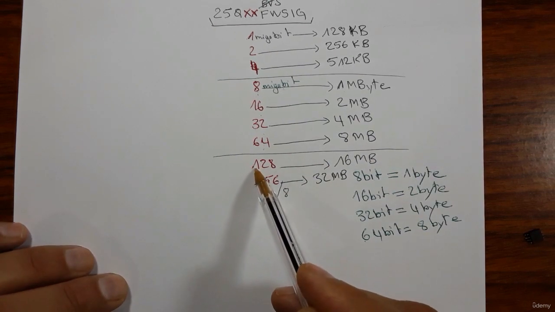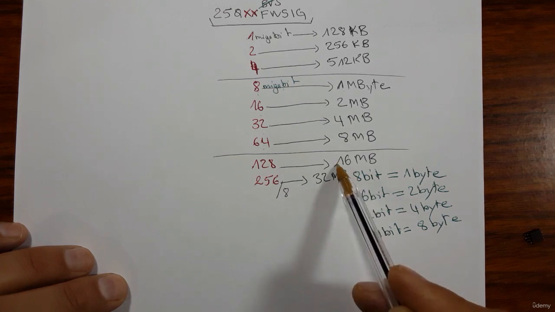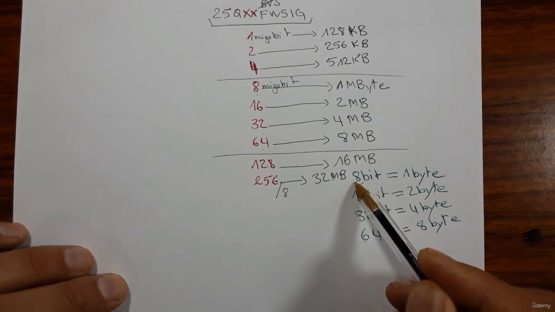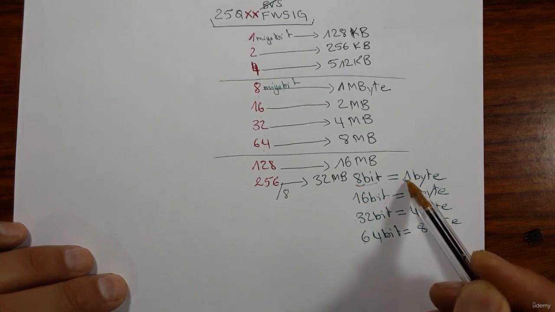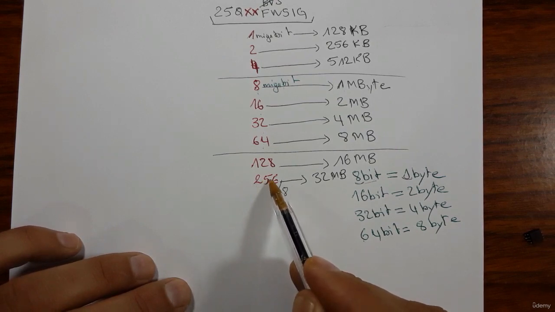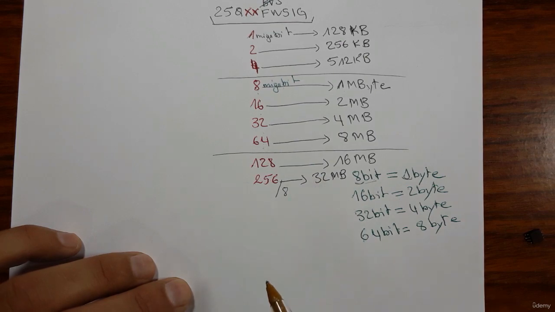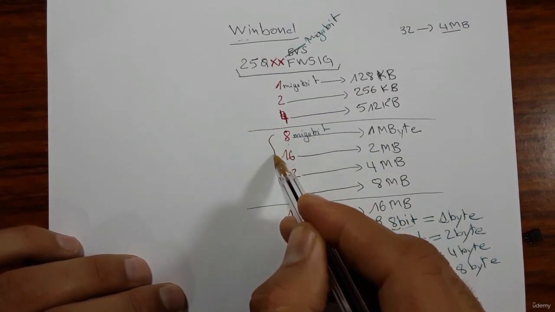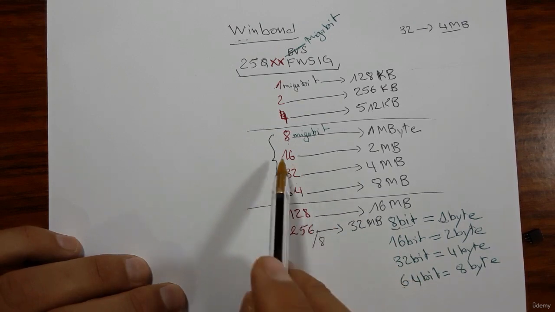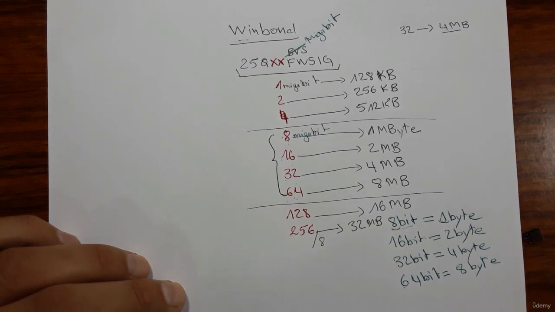Because if you divide 128 by 8, you will find 16. Why? Because 8 bit equals 1 byte. So 256 megabit equals 32 megabyte. But the most used BIOS ICs are those with 8, 16, 32 and 64 megabit.